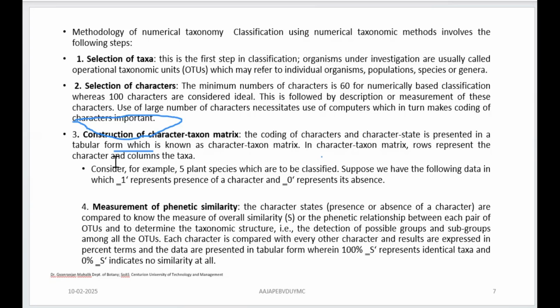So character, and whether it is 1 and 0 coding initially you need to do, and then you have to measure the phenetic similarity. So the character states, that is presence or absence of a character, are compared, and you get to know what the overall similarity is between the different organisms. And then you have to find out each character which is showing similarity and the character which is showing dissimilarity. So each character is compared with every other character, right?